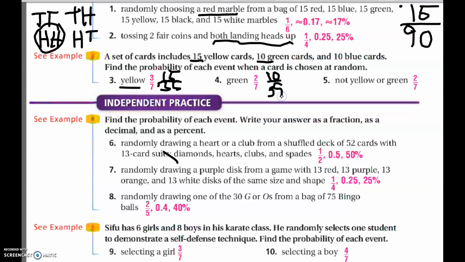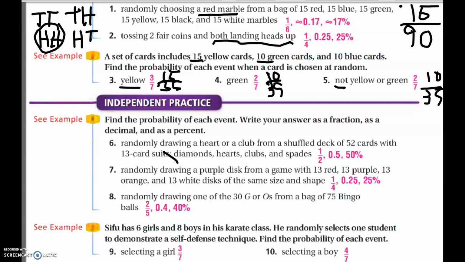Plug that into your calculator as a fraction and reduce it. And then not yellow or green would be blue. And blue is 10 out of 35, which is still 2/7. Okay, the rest of these questions are the same. They're just different examples. If you have questions about 6 through 10, you can contact me during our class time or during my office hours.